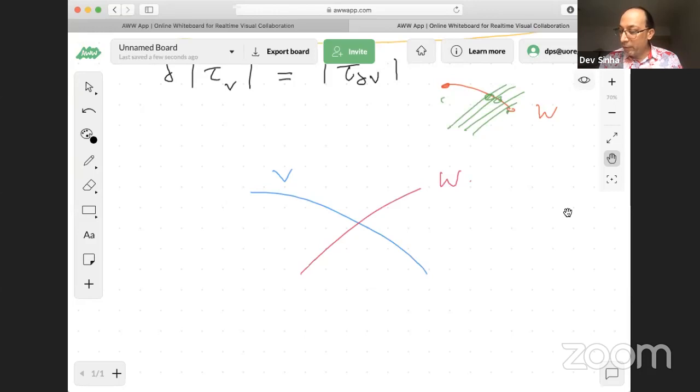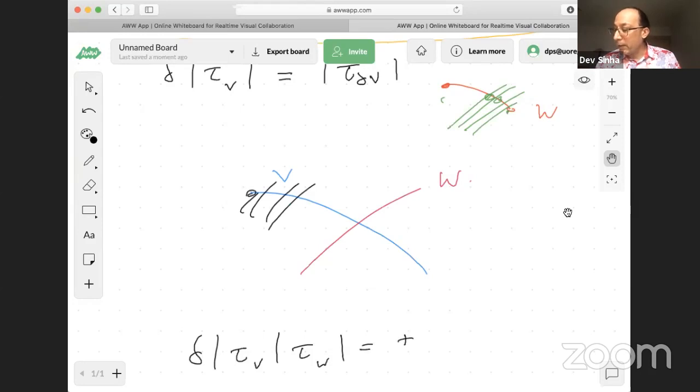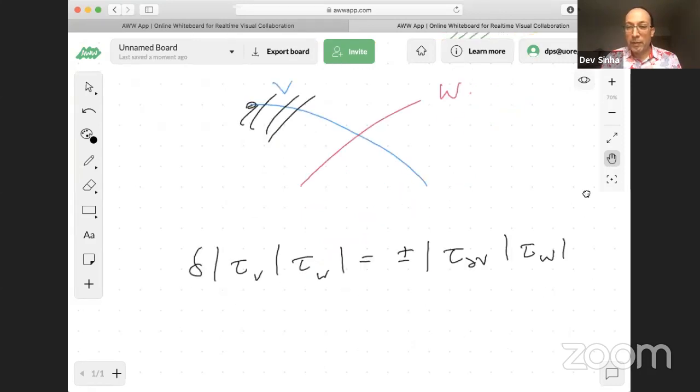And that's exactly what you're going to be thinking about when you think about the co-boundary of bar tau V, bar tau W. So again, you can run off the boundary of V. And you can run off the boundary of W.